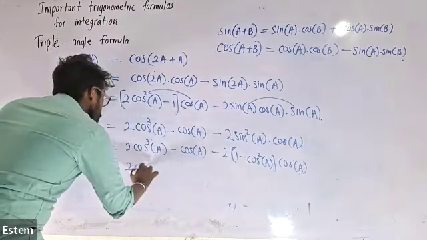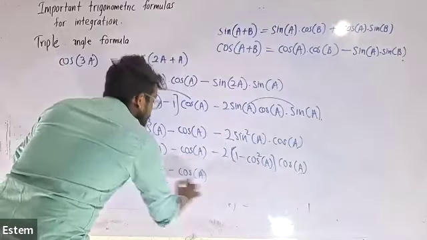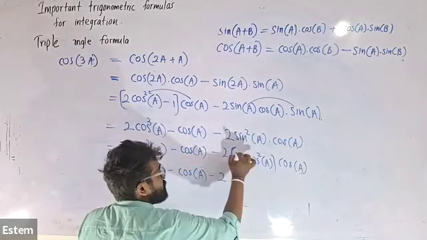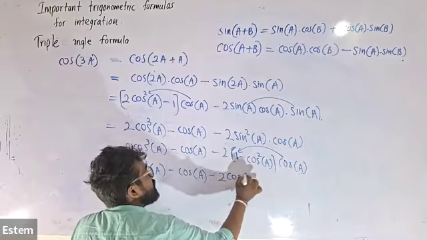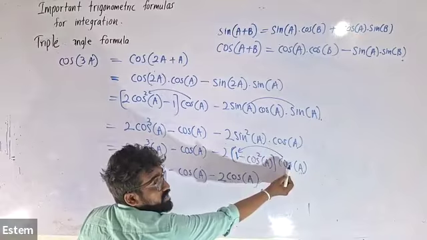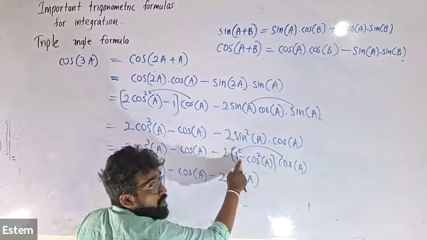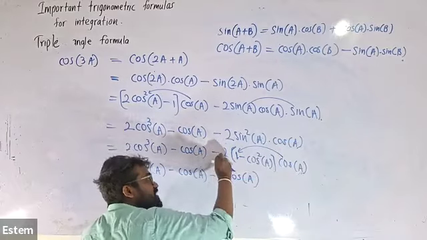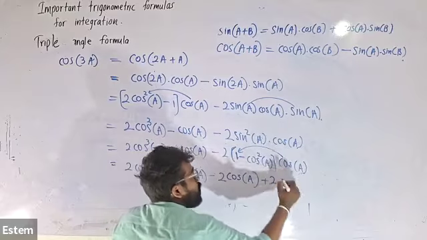Now this is cos cube a minus cos a, and this becomes minus 2 times. See, cos a multiplied by cos squared a is cos cube a. With this minus, it is minus cos cube a. Minus cos cube a is multiplied with this minus 2. Then this becomes plus 2 cos cube a.